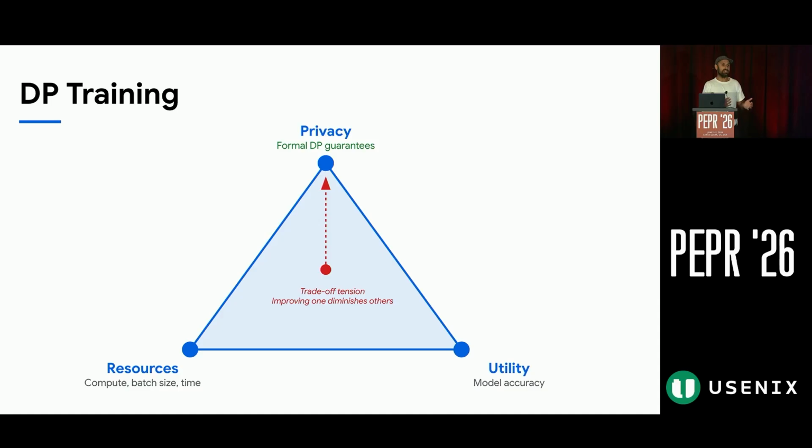It is a nice formal mathematical definition, and when we train with differential privacy, we get a mathematical proof to go along with it. That's nice, but the downside is that it does cost more resources, and it does degrade utility. I'm sure everyone knows this. I saw a few talks about differential privacy this morning already.